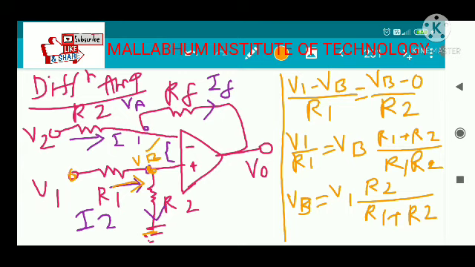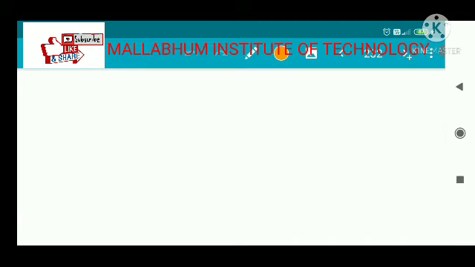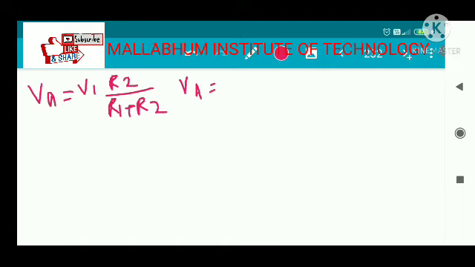By the concept of the virtual ground, this point potential VA is also equal to VB. So VA is equal to V1 into R2 divided by (R1 plus R2), as VA equals VB due to the virtual ground.